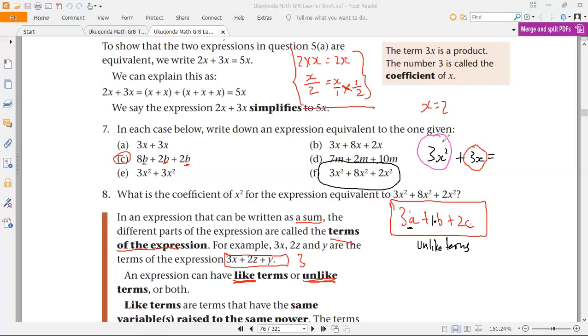If I put a 2 here, will I get the same answer when I put a 2 there? Let us check. If I say 3 times 2 squared, what do I get? This is 3 times 4, and that gives me what? 12. If I say 3 times 2, what do I get? 6. Am I getting the same value?